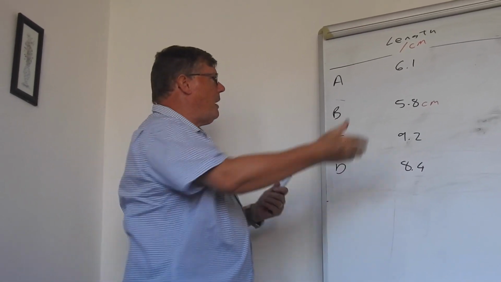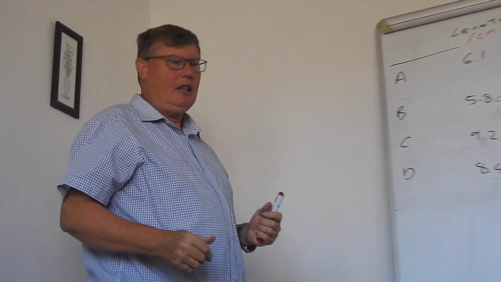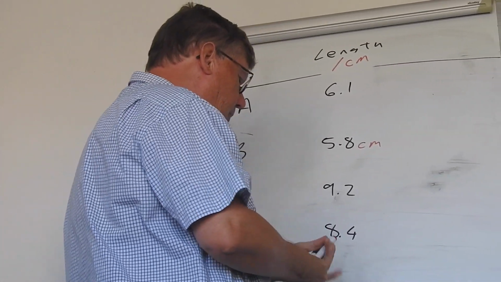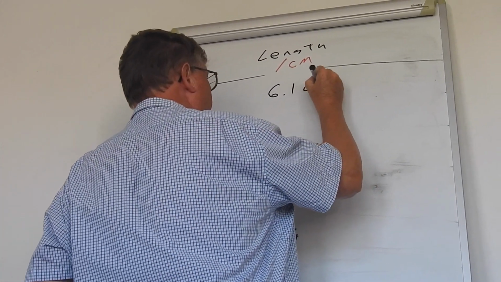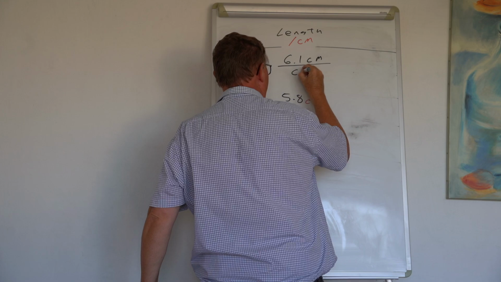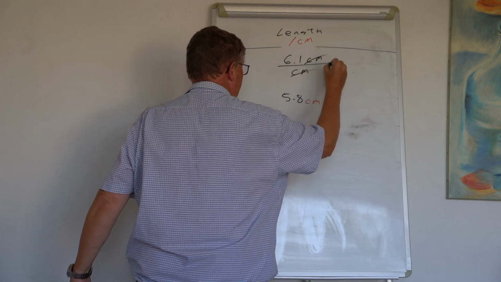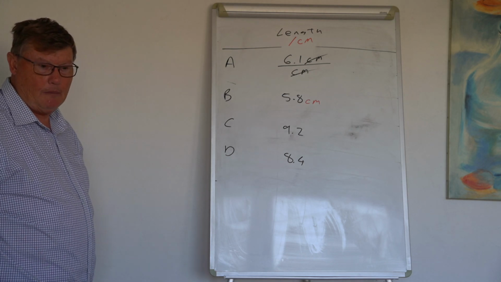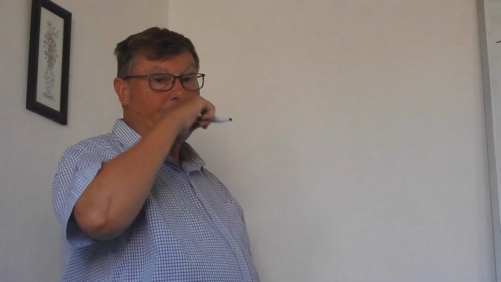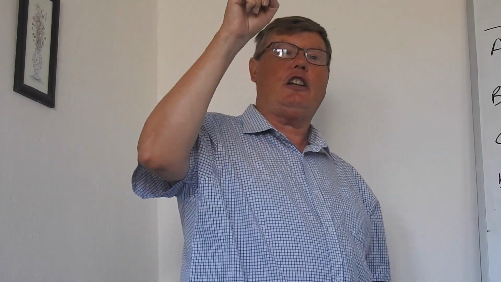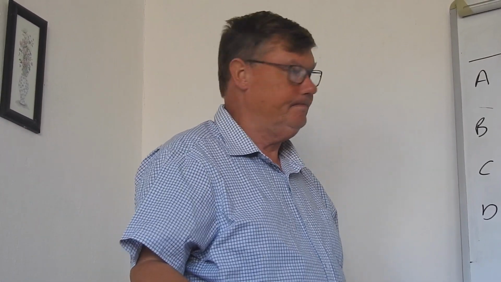What do you mean, divide by centimetres? Well, what would be 6.1 centimetres divided by centimetres? What do you get? Well, the centimetres cancel, and you're left with a number, 6.1. This is called a dimensionless value.